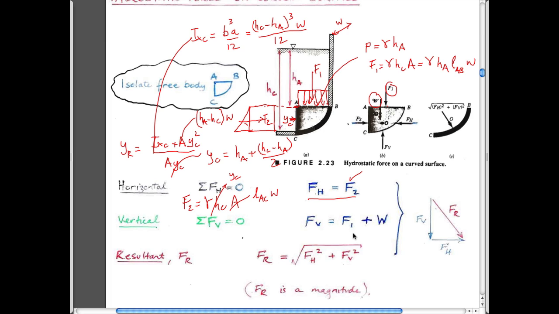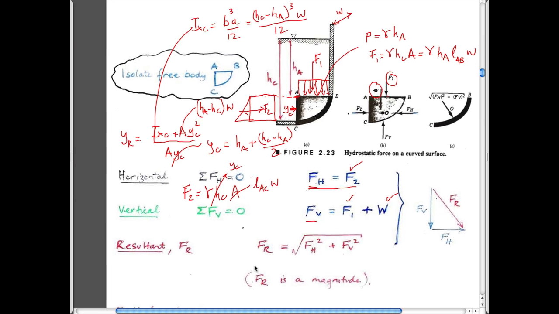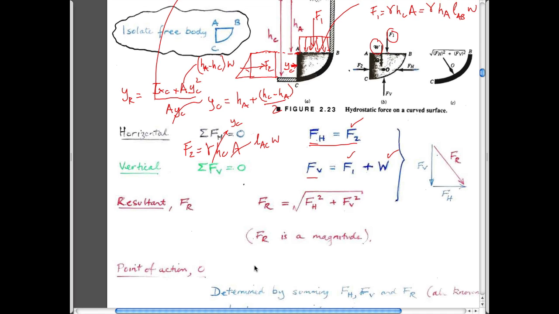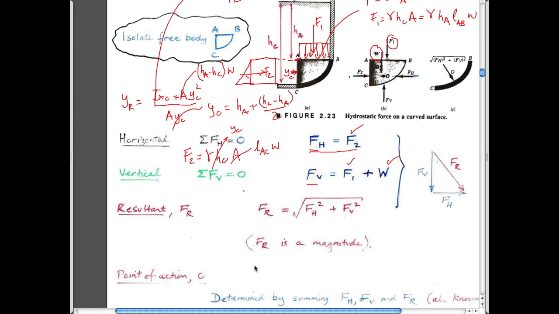Always take directions. FV positive upwards has to be equal to the two components acting against it. So we know this and this, so we can calculate this. If we know what the magnitudes of these two forces are, we can calculate the resultant. And if we know the resultant, we can calculate exactly where that should act.